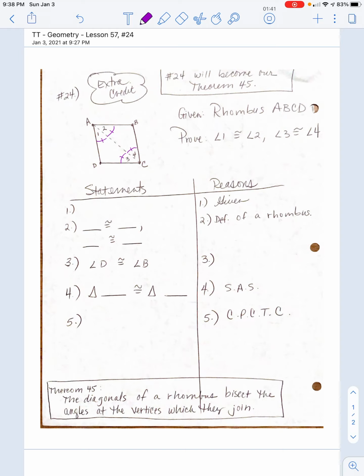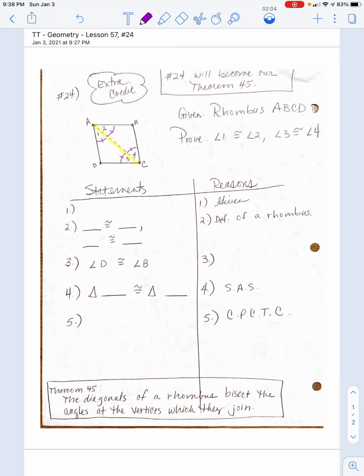So what I want us to think about here is that in order to show angle 1 congruent to angle 2, we have to prove that this diagonal is actually bisecting the angle at A and the angle at C. Because remember, a bisector will divide it in half. So let's go ahead and work through this proof.